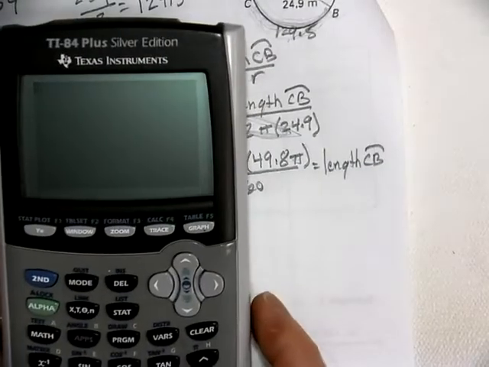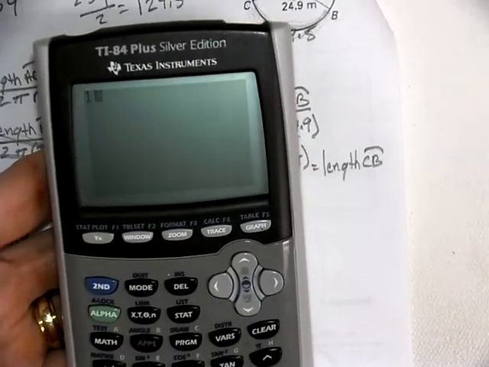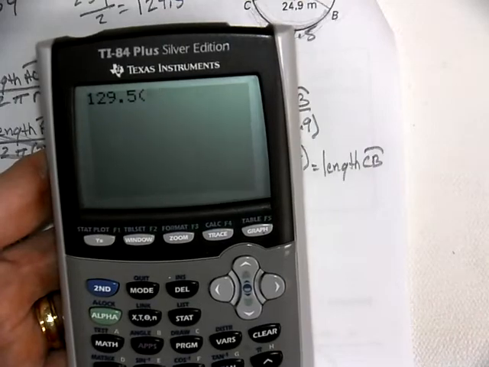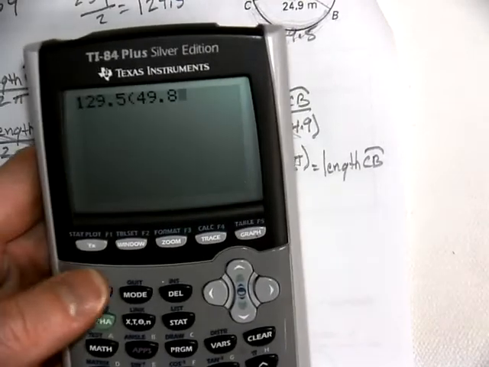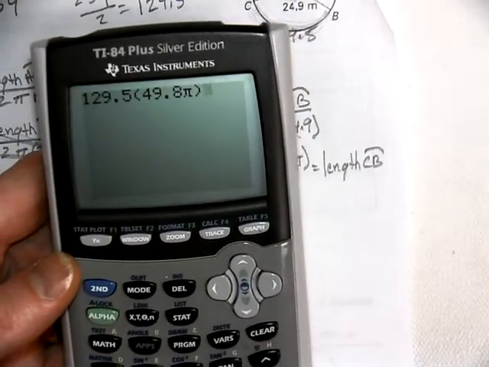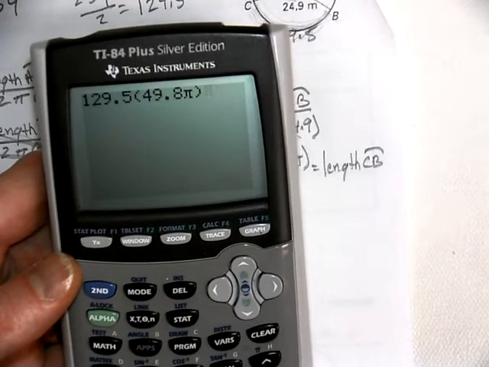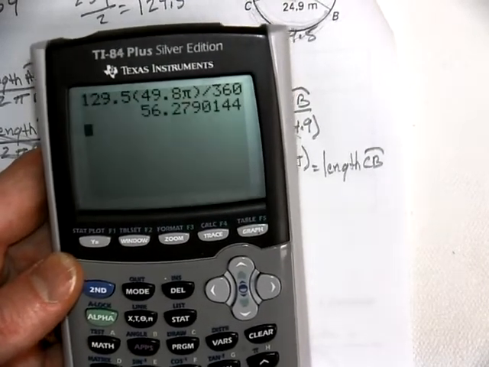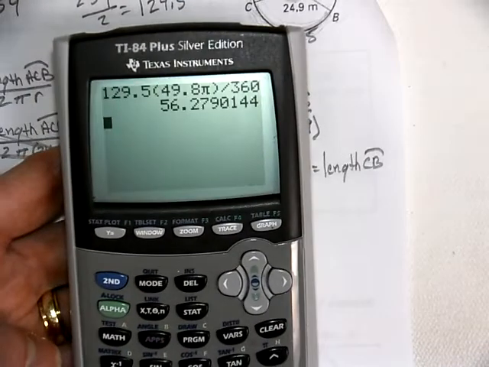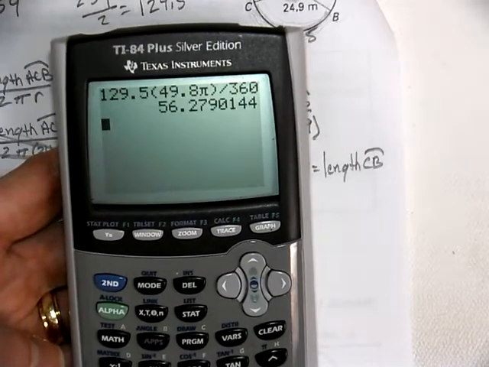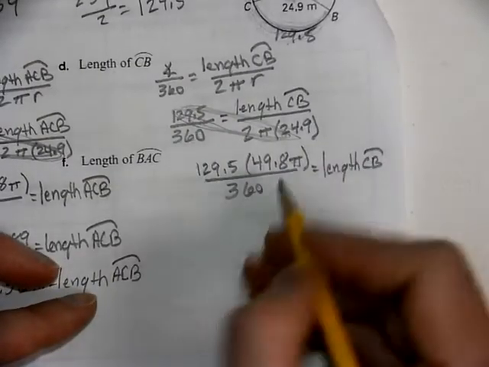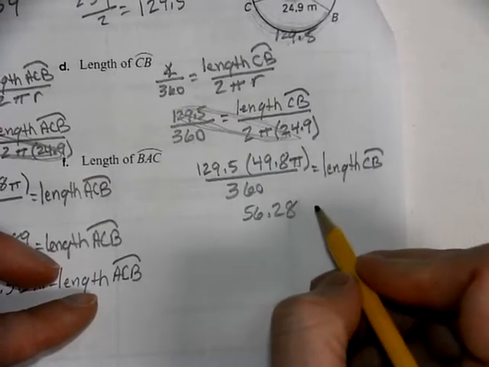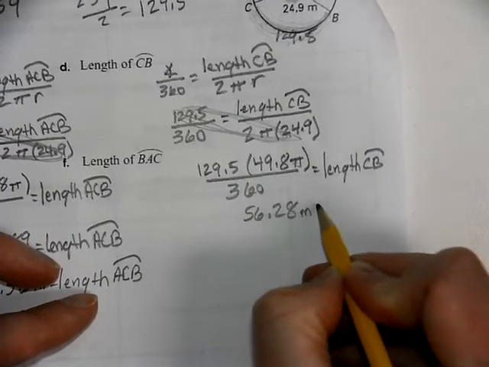So let's type this in. We've got 129.5 times our 49.8 pi. And if we divide that by 360, we'll do it all at once, we'll get 56.28. And those would be meters.